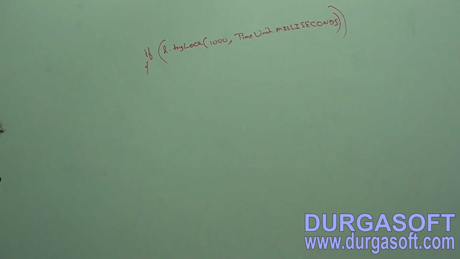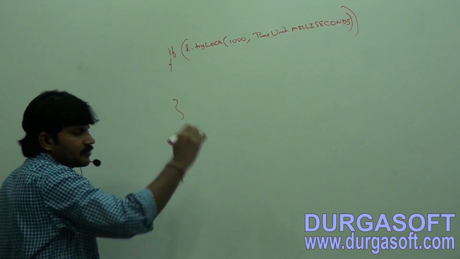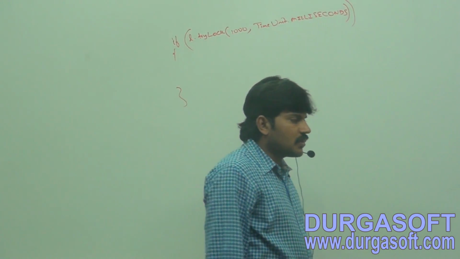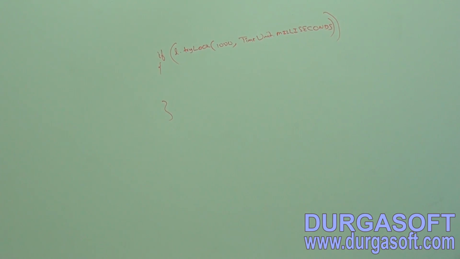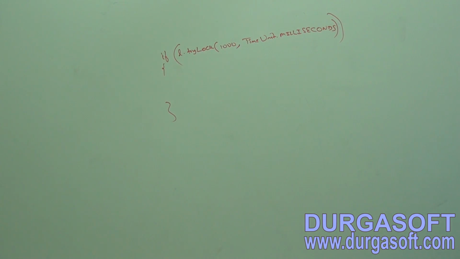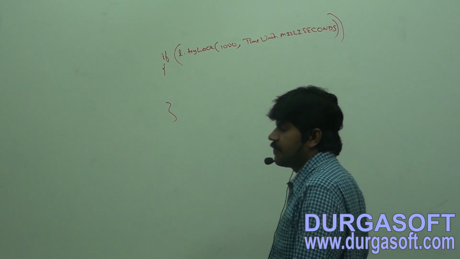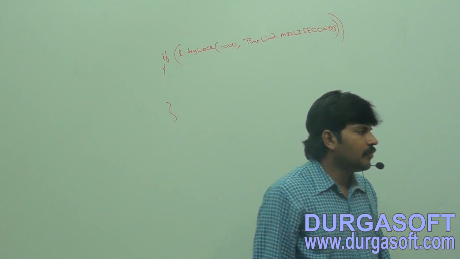Sorry, if I'm getting the lock, something like this: l.tryLock with TimeUnit.MILLISECONDS. Okay. Next, are you getting it right? This is tryLock with a time period. With a time period. Okay.